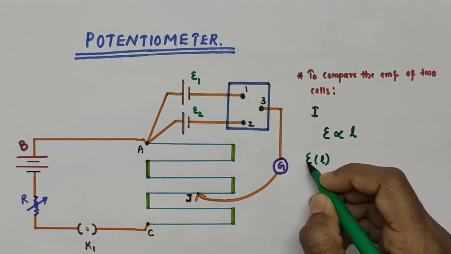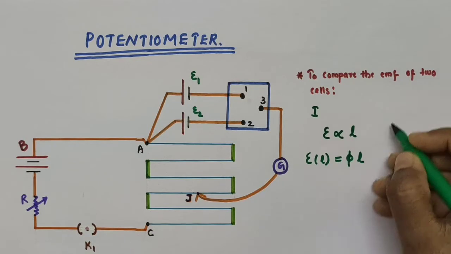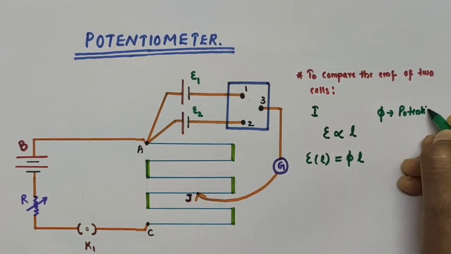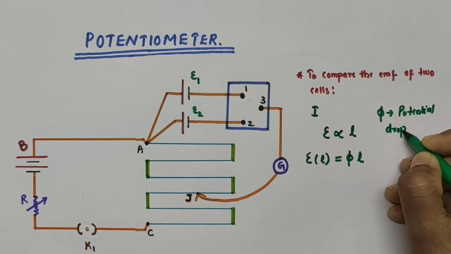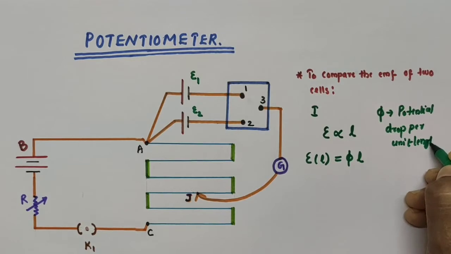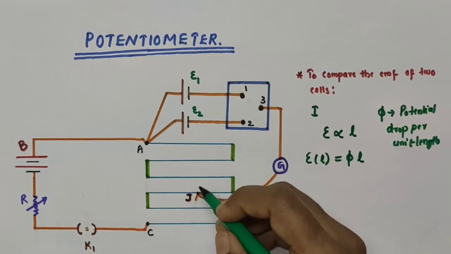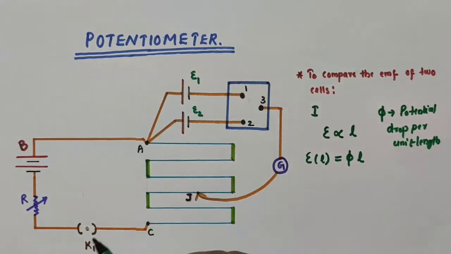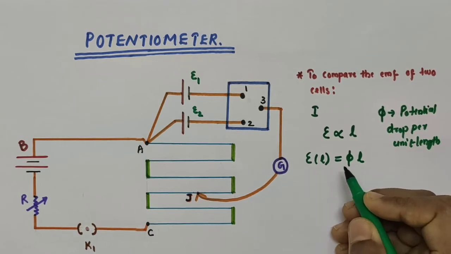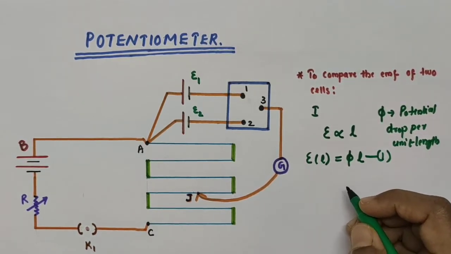E of L is equal to phi into L, where this phi is called the potential drop per unit length. So, since the wire is uniform, the potential difference between A and any point at a distance L from A is E of L equal to phi into L, and I am taking this as equation number 1.